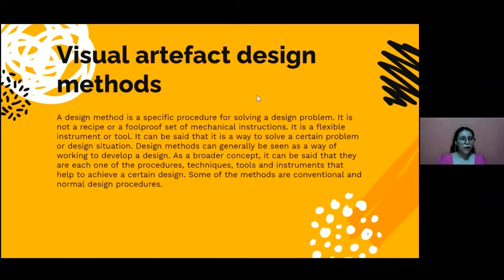Then another main topic is visual artifact design methods. A design method is a specific procedure for solving a design problem. It is not a recipe or a foolproof set of mechanical instructions. It is a flexible instrument or tool.